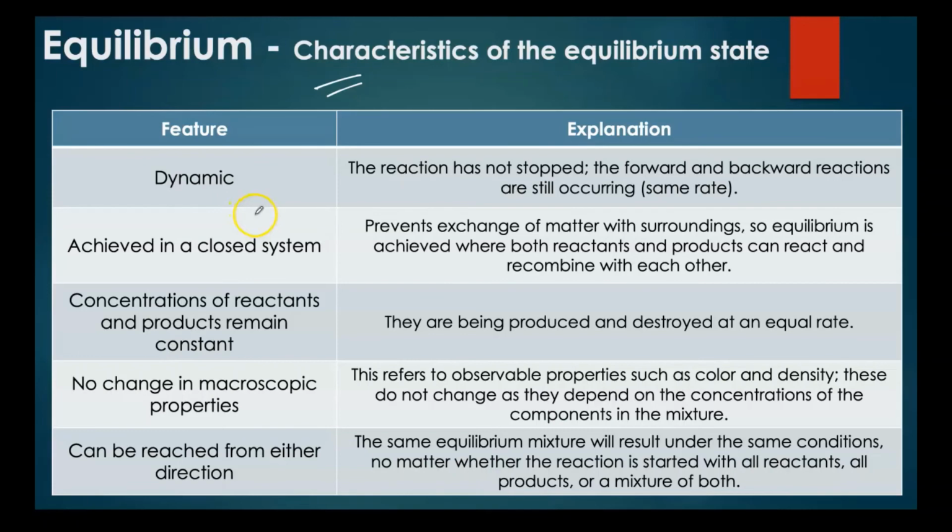Third is that the concentration of reactants and products remains constant. Fourth is no change in macroscopic properties. And the last is that it can be reached from either reaction. It means both forward and reverse reactions need to happen, right? So these are the characteristics of the equilibrium state that you need to remember to identify the equilibrium reactions.